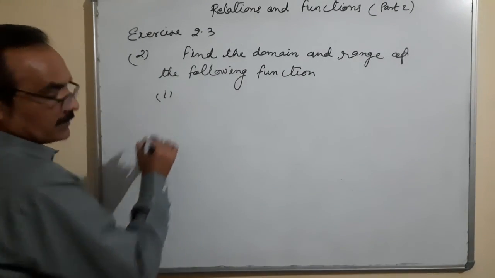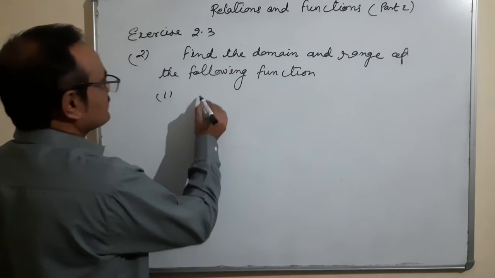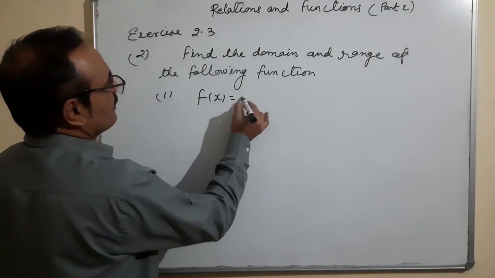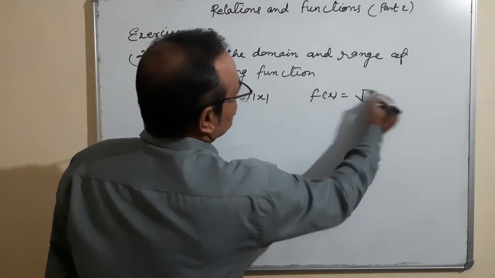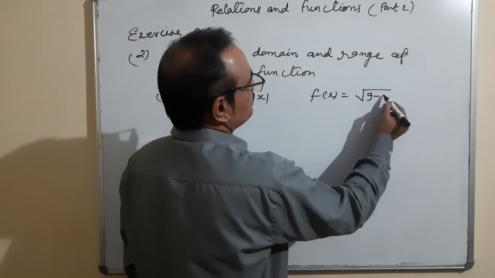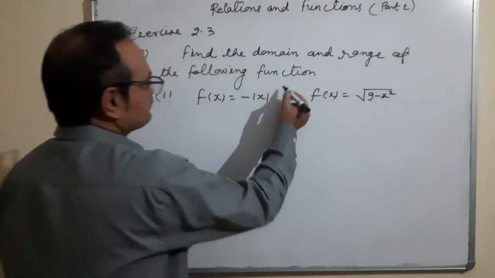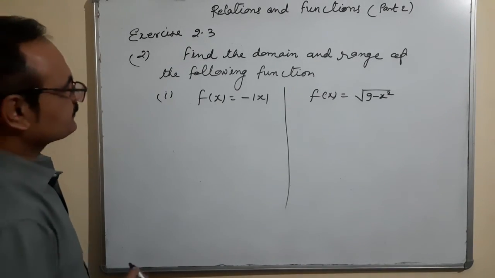Number one is given: f(x) = -|x|, and number two: f(x) = √(9 - x²). Let us start with f(x) = -|x|.